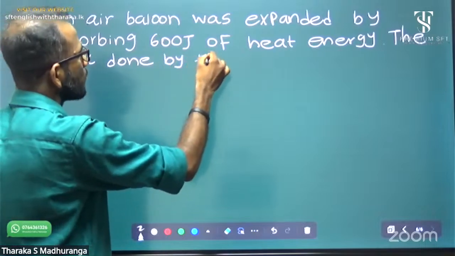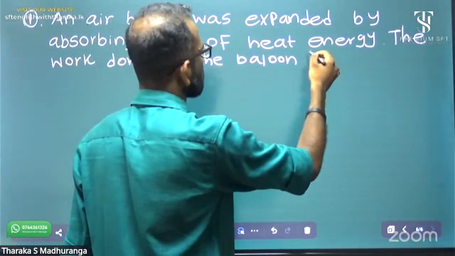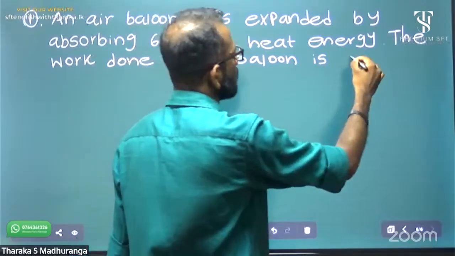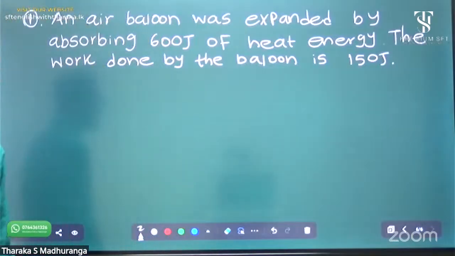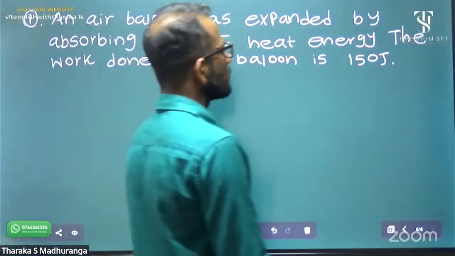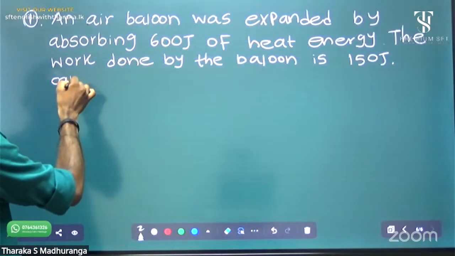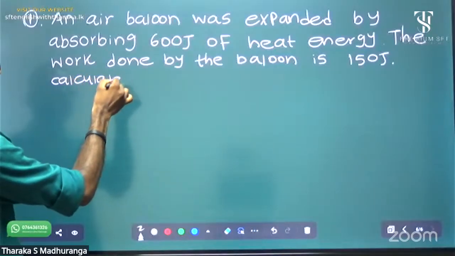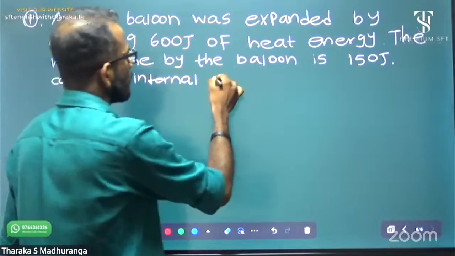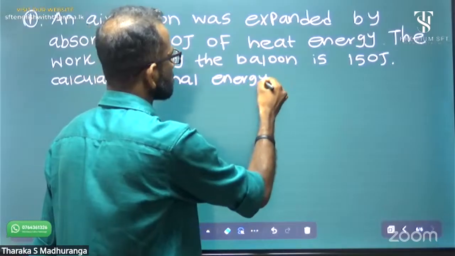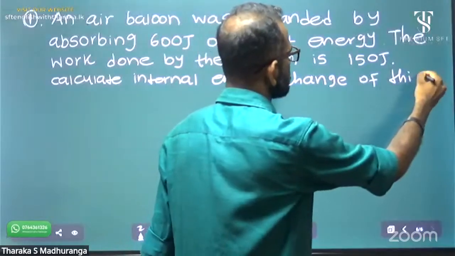The work done by the balloon is 150 joules. Calculate the internal energy change of this balloon, of this system.